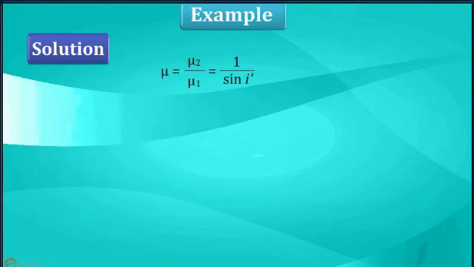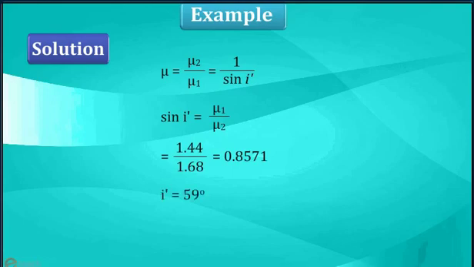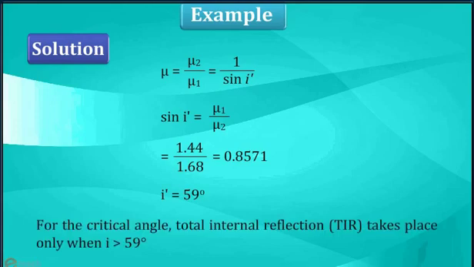Mu equals mu2 by mu1, which equals 1 by sin I prime. Sin I prime is therefore equal to mu1 by mu2. This implies sin I prime equals 0.8571. Therefore, I prime equals 59 degree. For the critical angle, total internal reflection takes place only when I prime is greater than 59 degree.